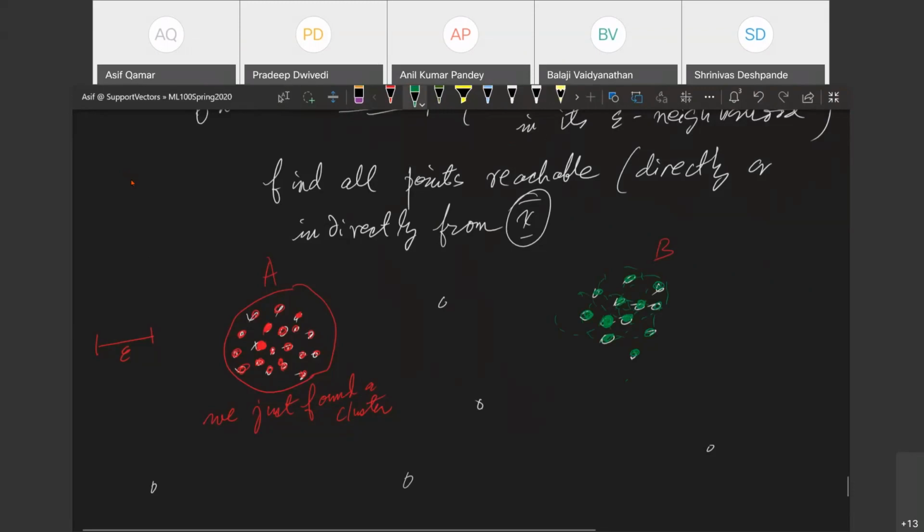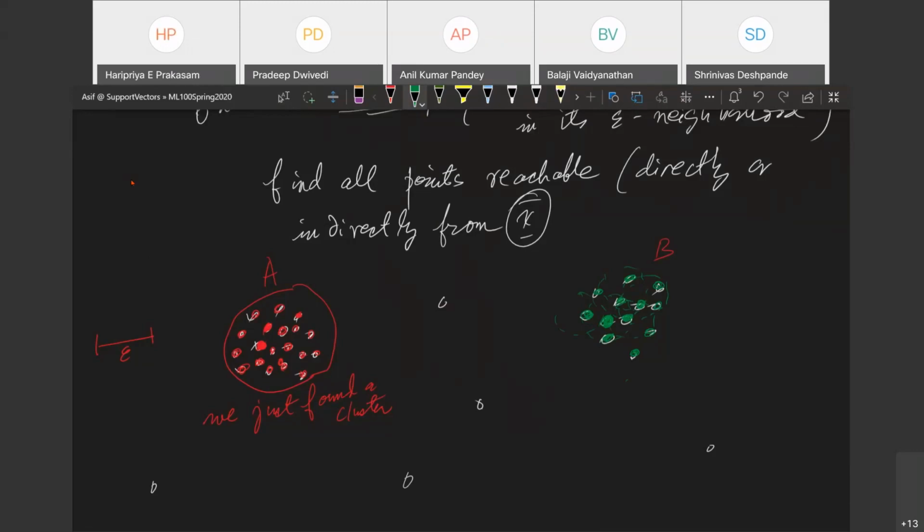Does this make sense, guys? Haripriya, does it make sense? Yeah, no, my only question is, the circle is of diameter epsilon, right? Radius epsilon, yeah. Radius epsilon. So the cluster just keeps expanding as much as possible, right?